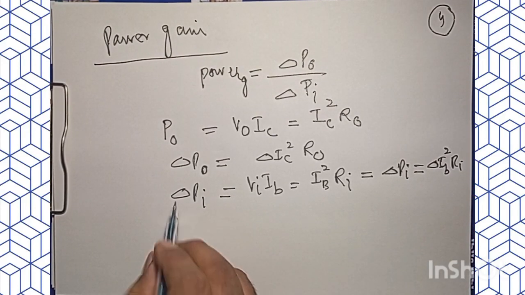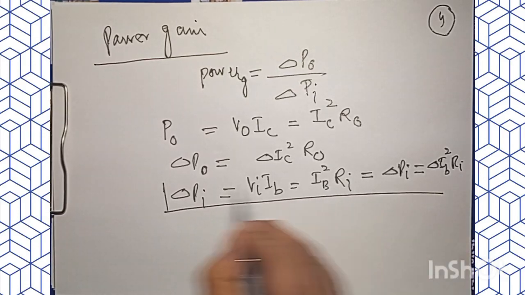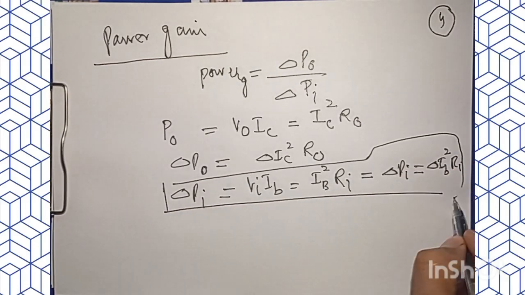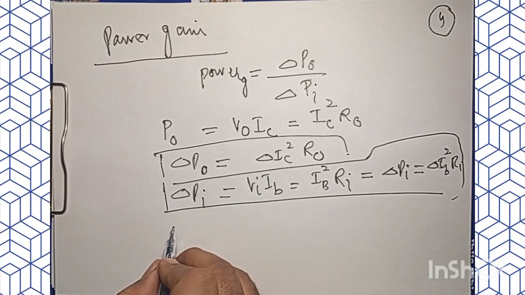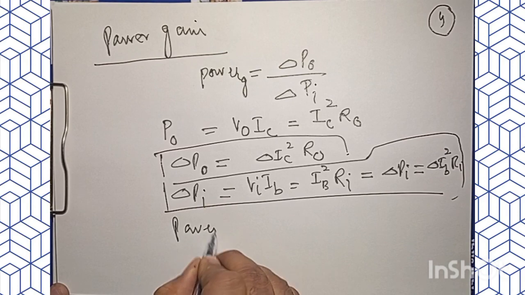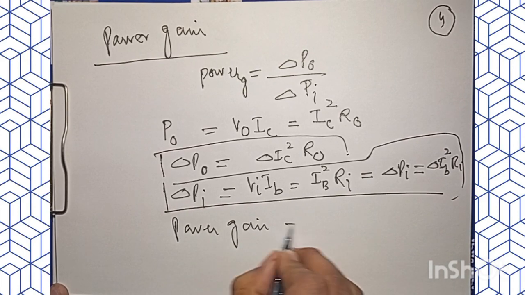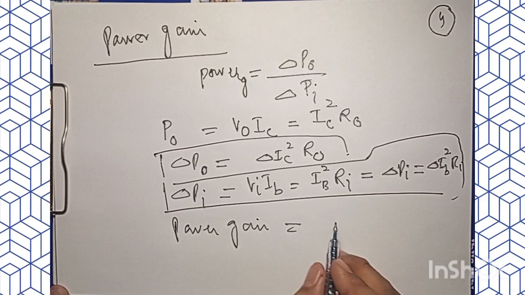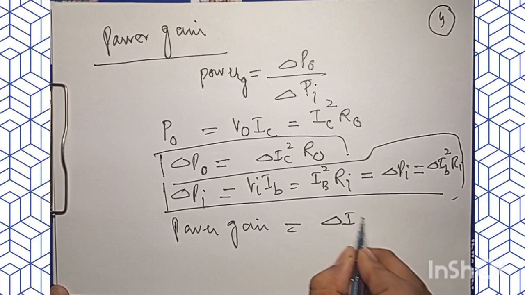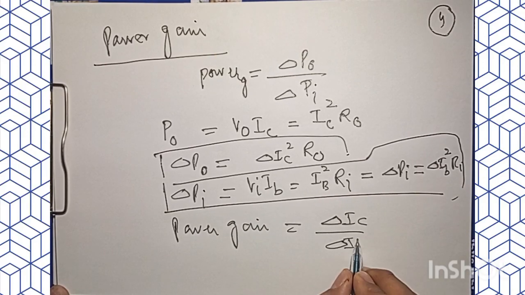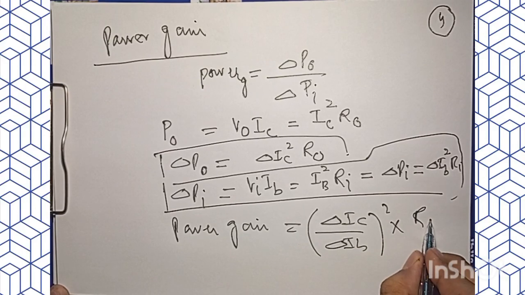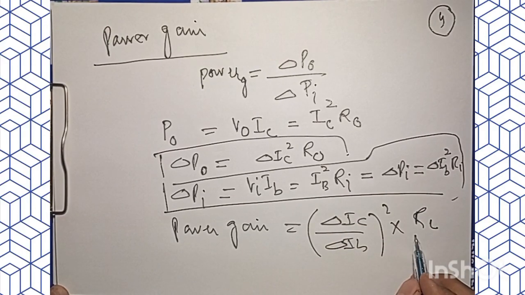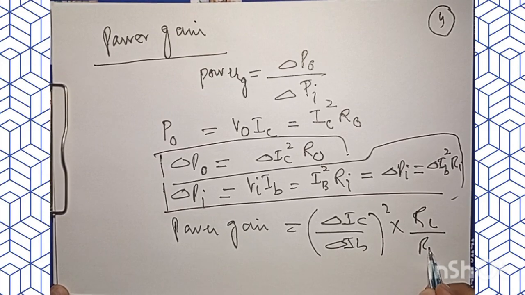So now we can write, this is our delta PI and this is our delta P out. So we can write down the power gain here. Now power gain here will be delta IC by delta IB whole square times RL by RB, because R out is RL divided by RB.